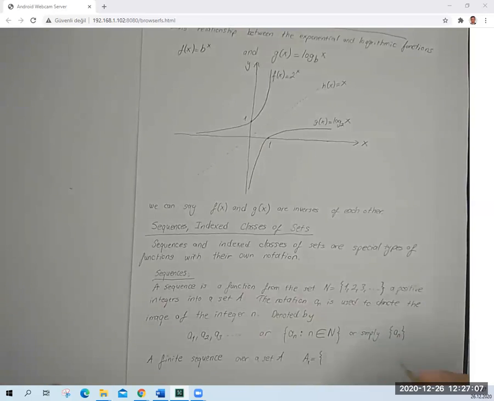Let's say this is the A1, 1, 2, 3, 4, and M. So for that one, we can represent that sequence also as A1, A2, A3, and so on to AM.